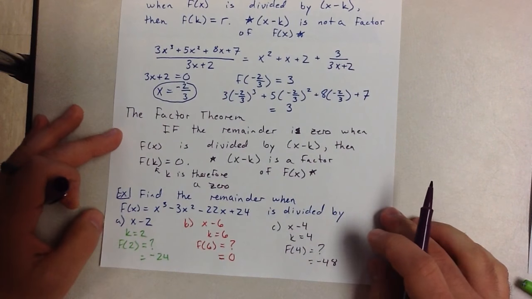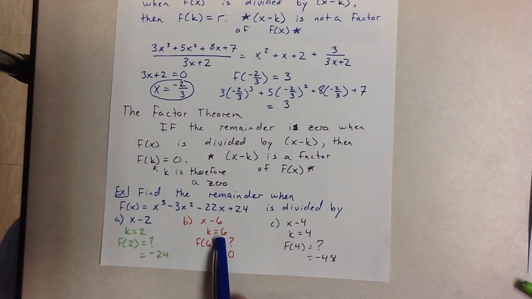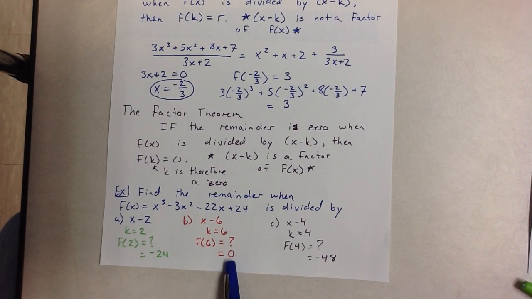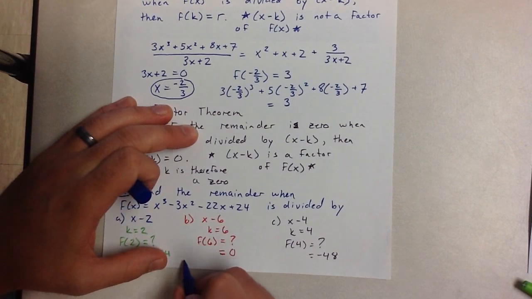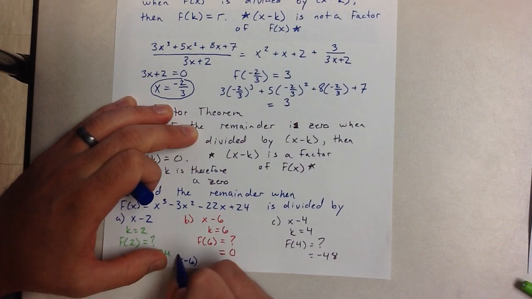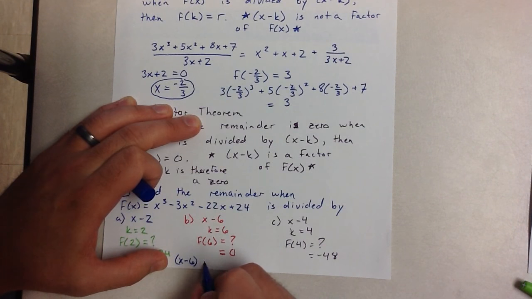Thinking about all of that, and about the remainder theorem and the factor theorem, what can be said about one of these factors? What we should be able to say is, since k of 6 gave us a result of 0, that is the remainder of 0, what we can say about this factor, x minus 6, is that it is a factor of this polynomial.